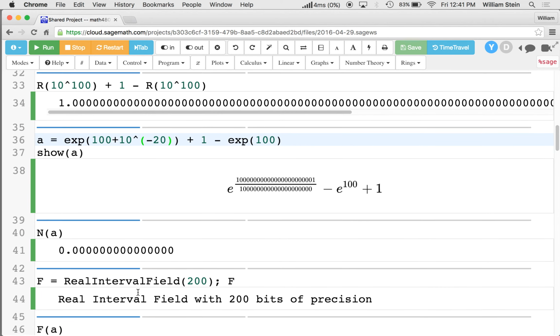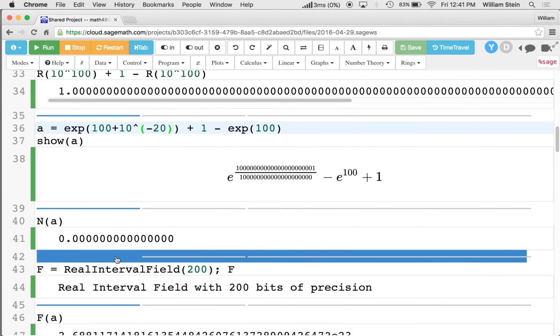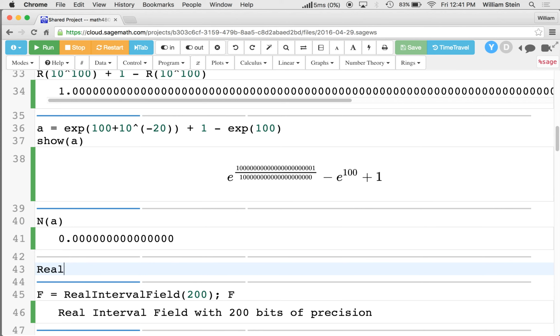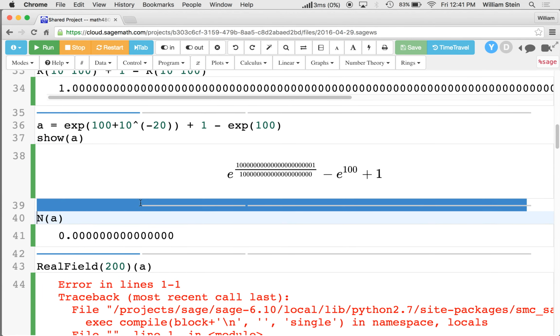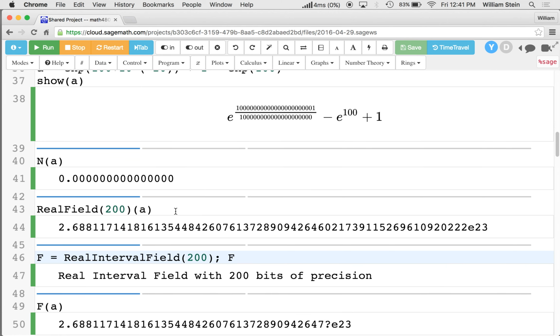However, if you take this thing called real interval field, well, actually, before I do that, I'll do one more. If you just do real field with, say, 200 bits of precision, oops, I haven't reevaluated this yet. If you do real field with 200 bits of precision, notice that you do get a number which is very much not 0.